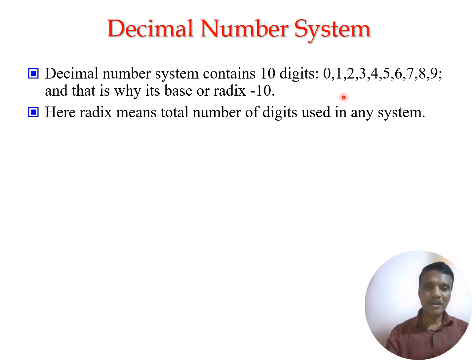The base or radix is nothing but how many numbers are contained in the number system, which is called the base of that number system or radix of that number system.